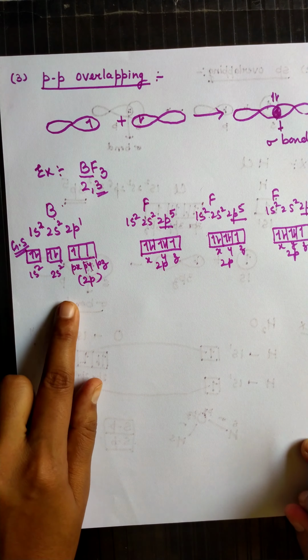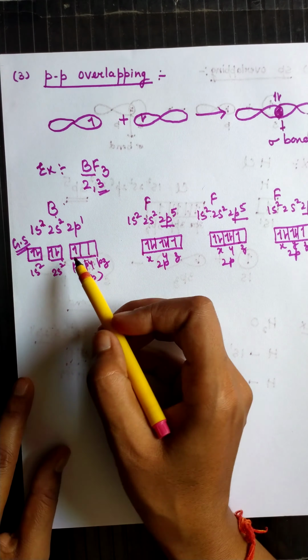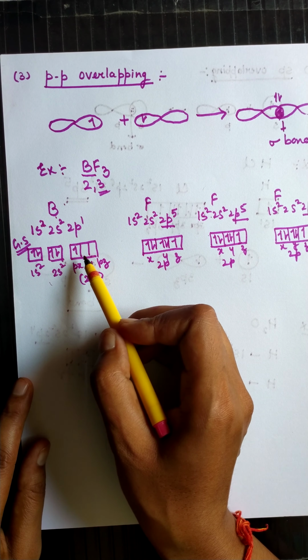So how will it form 3 bonds? In the outermost orbit, that is the second orbit, 3 valence electrons are there. One pair is paired and the other is free.